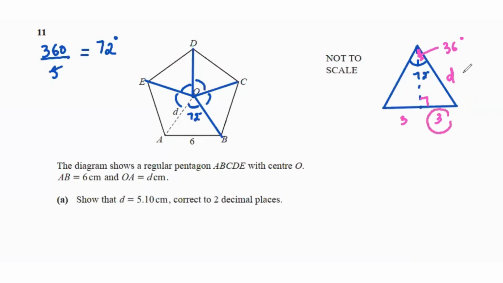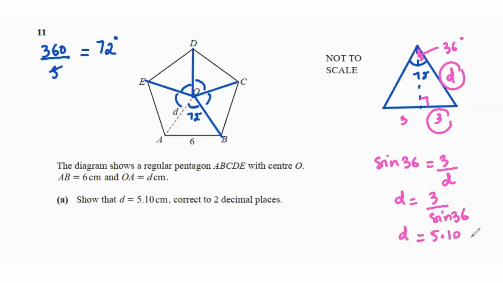We have the opposite, we don't have the hypotenuse, so we can use sine of 36 equals 3 over D. D equals 3 over sine of 36. And that's going to give us 5.10 centimeters, correct to 2 decimal places.